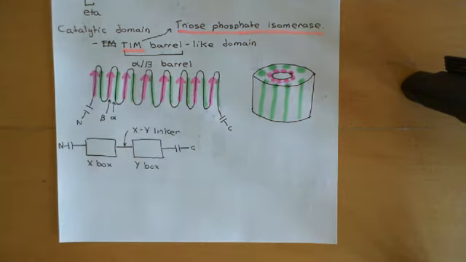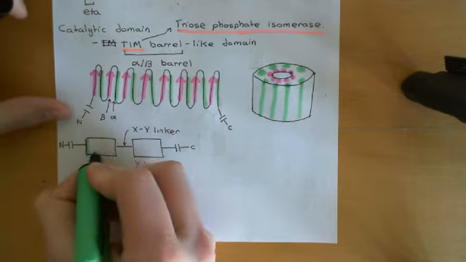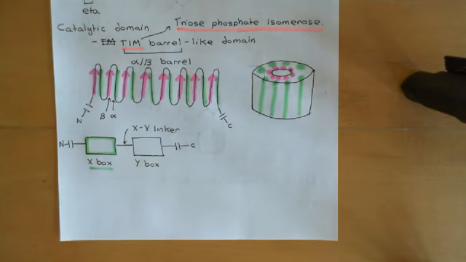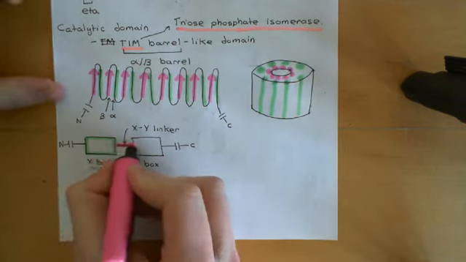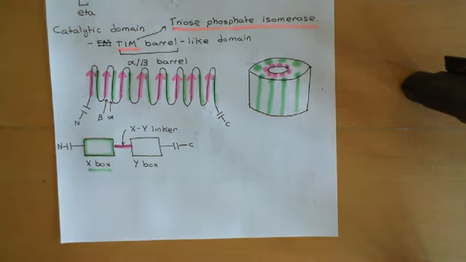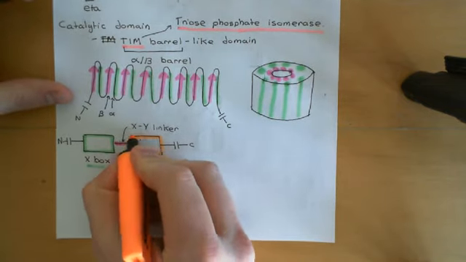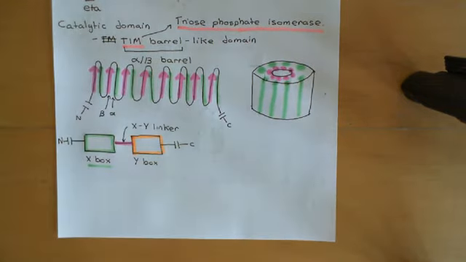Okay, so let's colour in these different portions. Here is the X box, which we'll have in green. We'll have the XY linker shown in vivid purple, and we'll have the Y box in orange. Let me now show you how this actually forms a tin barrel-like domain.